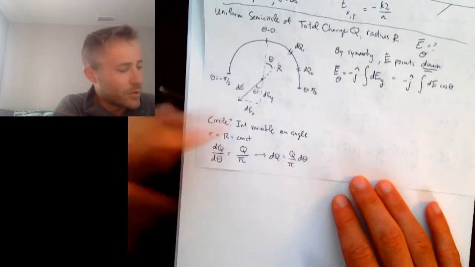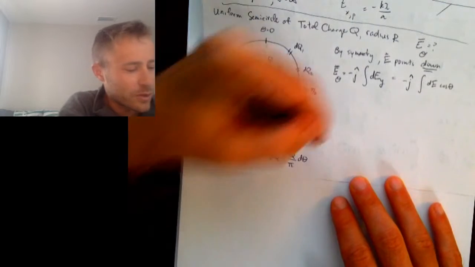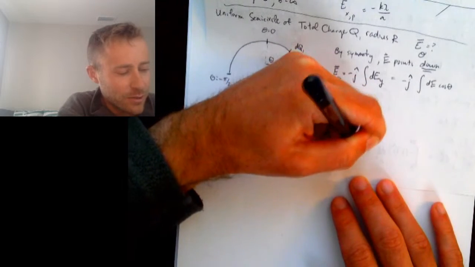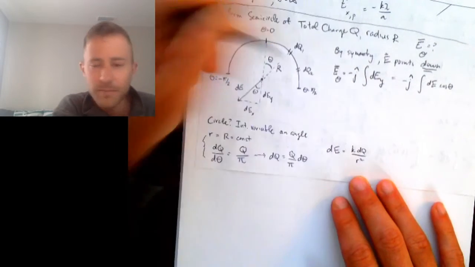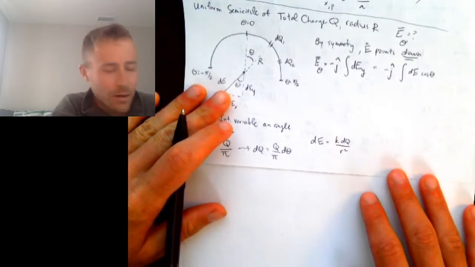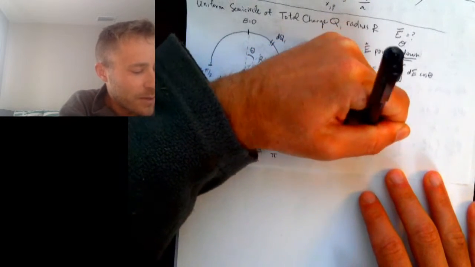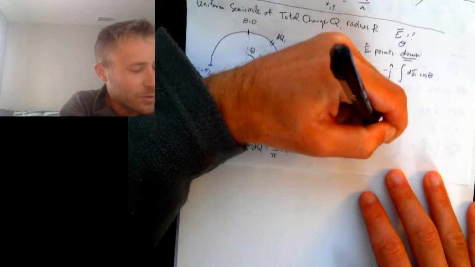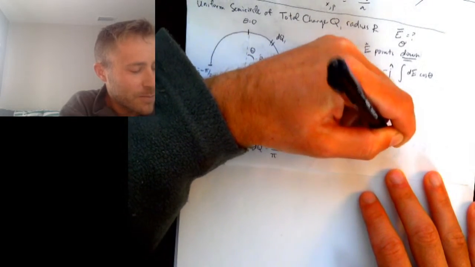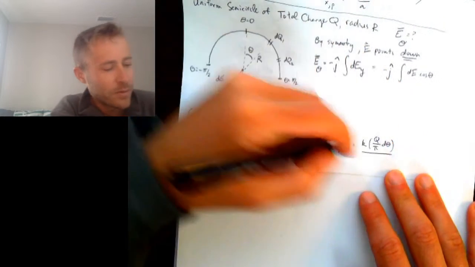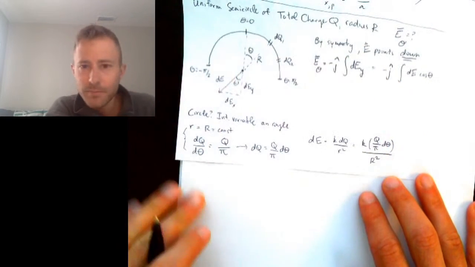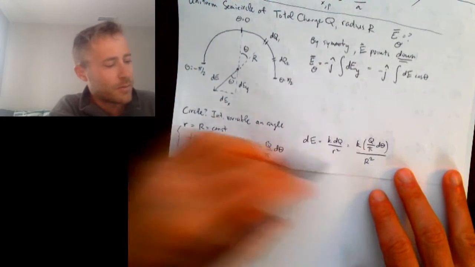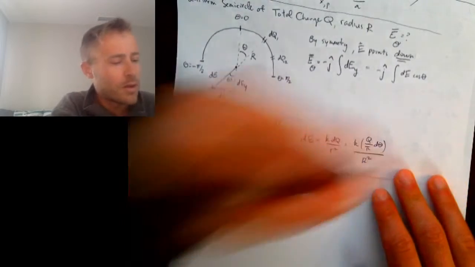All right? So now I know these two pieces, which is going to allow me to get dE, because dE is k dq over r squared. So this is going to be k times dq, which is q over pi times d theta, over big R squared. Little r is equal to big R in this case.